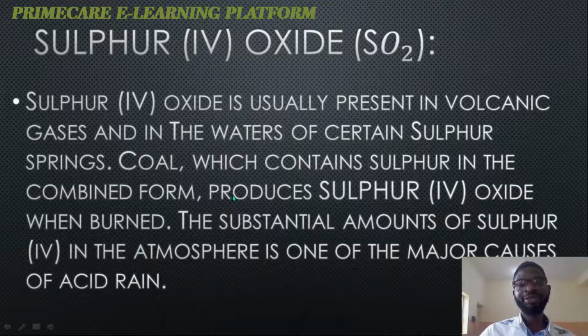Coal, which contains sulfur in combined form, produces sulfur 4 oxide when burned. The substantial amount of sulfur 4 oxide in the atmosphere is one of the major causes of acidic rain. Due to the presence of sulfur 4 oxide in the atmosphere, we do experience acidic rain.